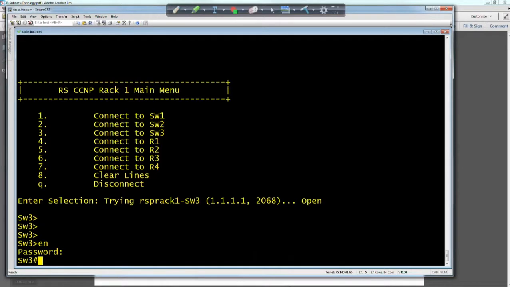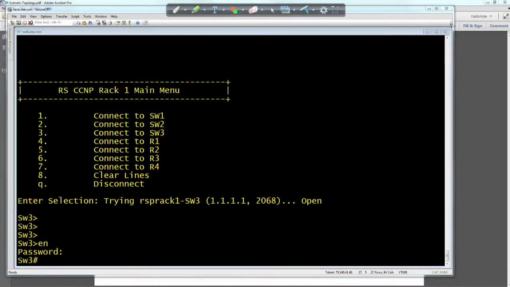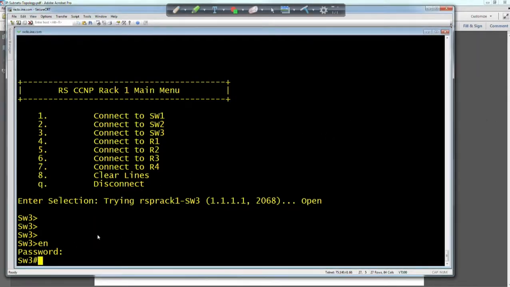So, question for you. What command would I implement on here to see what switch 3 believes the hold time currently is for his neighbor, router 2, across that particular VLAN? Well, it's our good old friendly command, show ip eigrp neighbor.